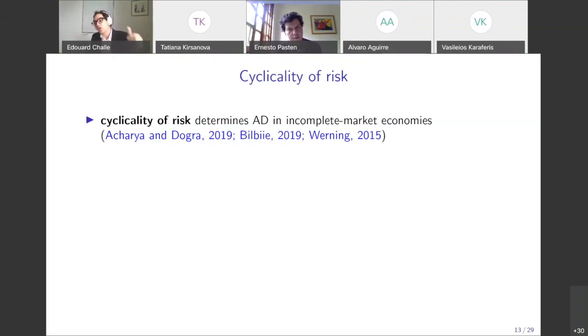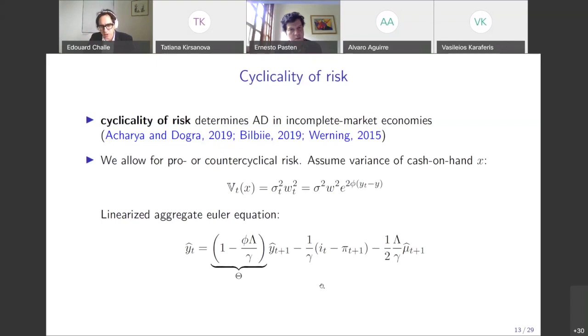On the contrary, if idiosyncratic risk is procyclical, so it falls when there is a recession, then there will be less precautionary saving in a recession, so current aggregate demand will fall less. Okay. So this shows up when we linearize our aggregate Euler equation, which determines aggregate demand.